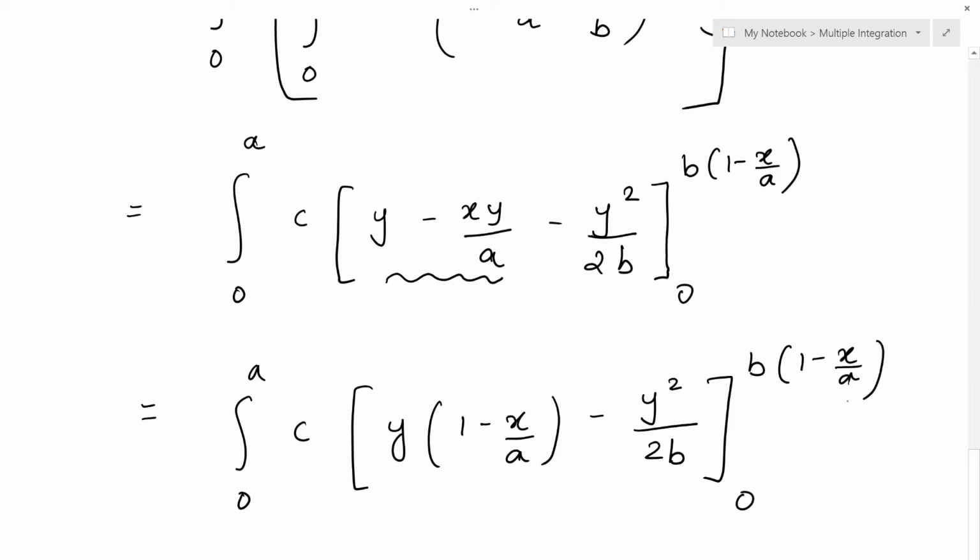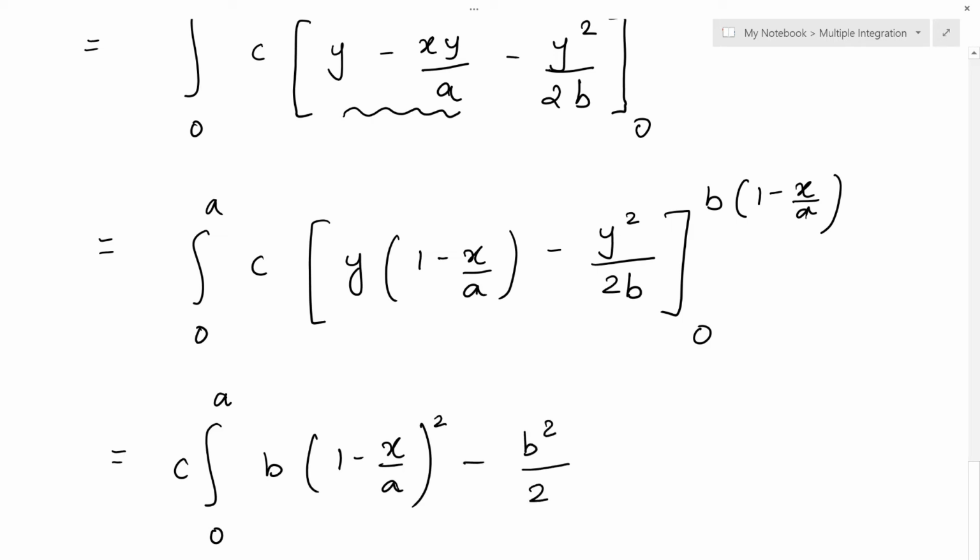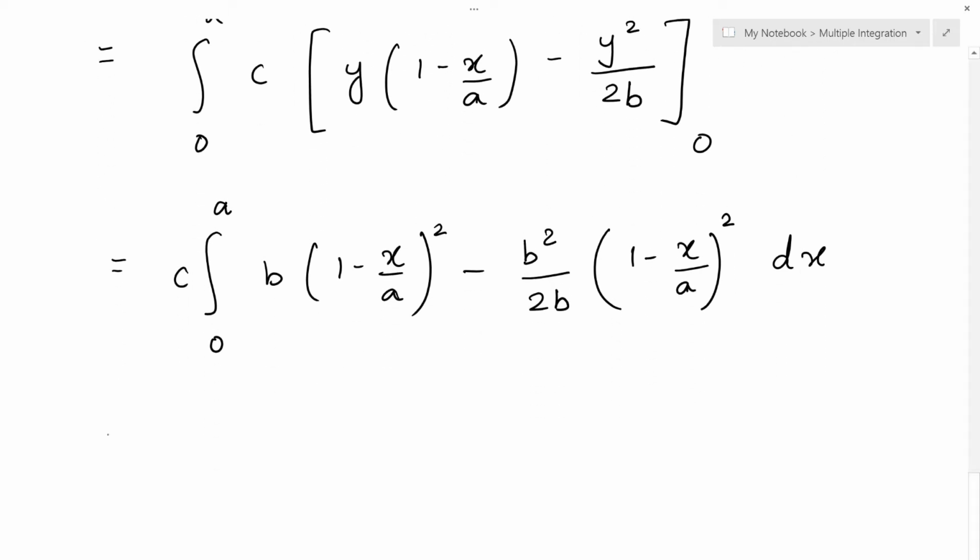So in place of y now, let's substitute my upper limit. I can take c outside the integration anyway. So that is b into 1 minus x/a the whole square minus b square upon 2b into 1 minus x/a the whole square. This is with respect to x. So b minus b square by 2b, we can take that b outside, so that is bc by 2.